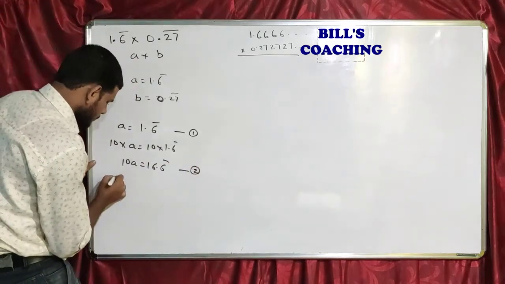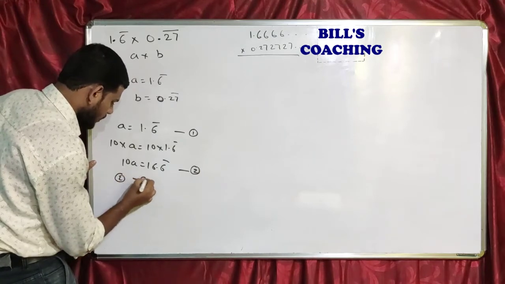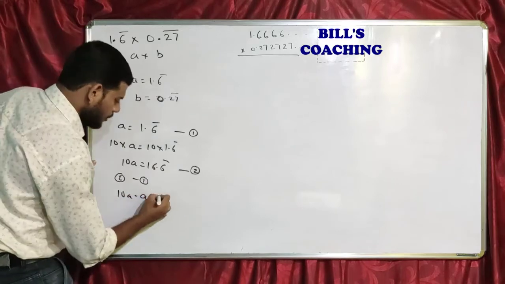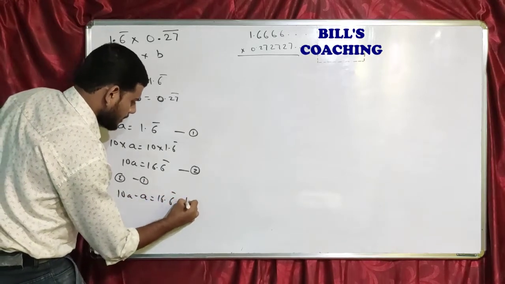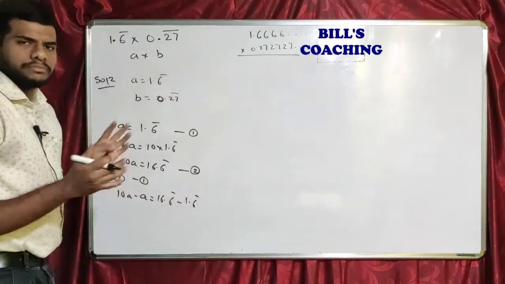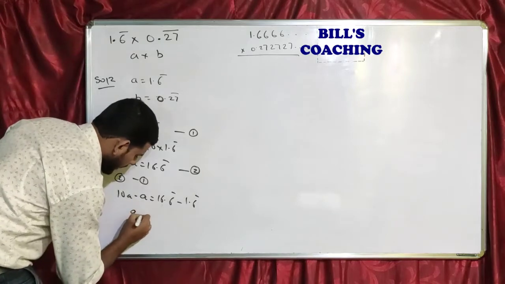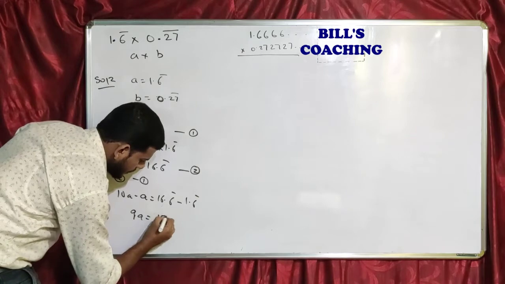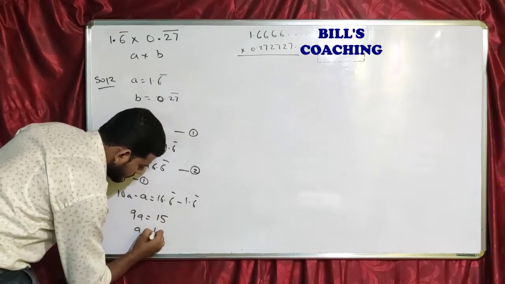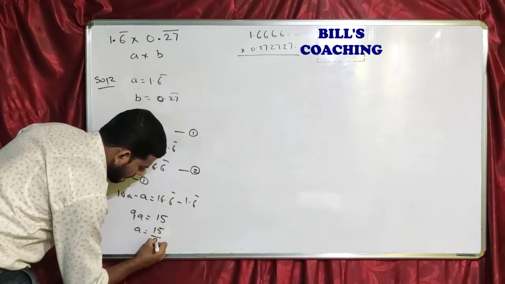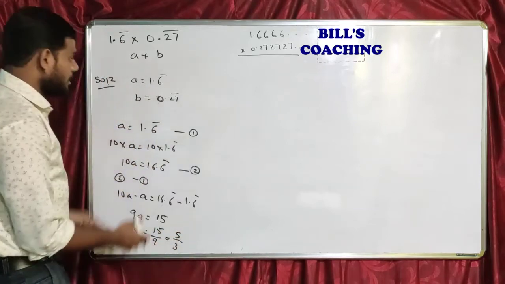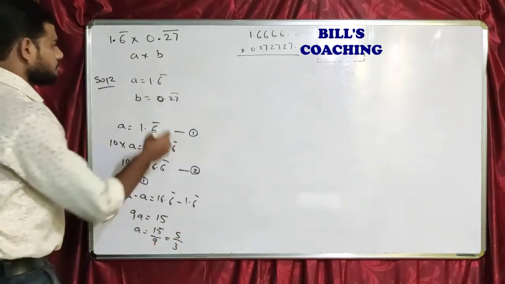Subtract: 2 minus 1, so 10A minus A will be equal to 16.6 bar minus 1.6 bar. Simple thing. This will become 9A and this will become 15. We can divide it to get the answer. This will become 15 divided by 9, which comes to 3 5s are 15 and 3 3s are 9. 5 upon 3 is the value of A.